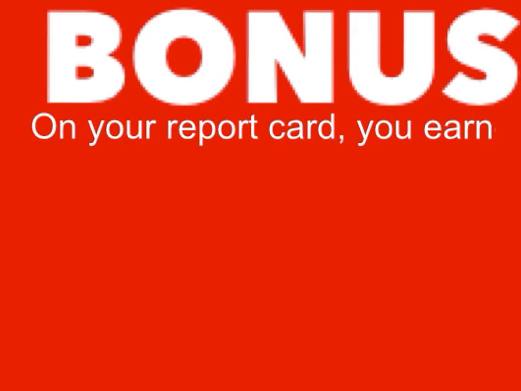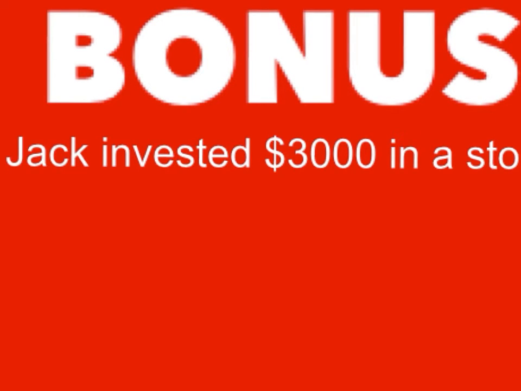On your report card, you earned 1 A, 2 B's, and 3 C's. An A is worth 4 points, a B is worth 3 points, and a C is worth 2 points. What is your grade point average rounded to the nearest tenth? The grade point average rounded to the nearest tenth should be 2.7. Jack invested $3,000 in a stock that grew to be worth $12,000. What was his profit?